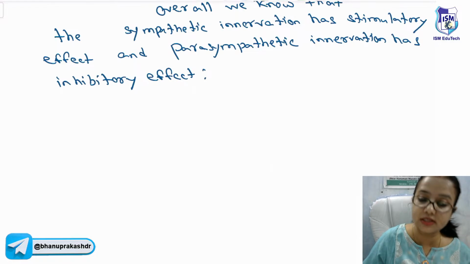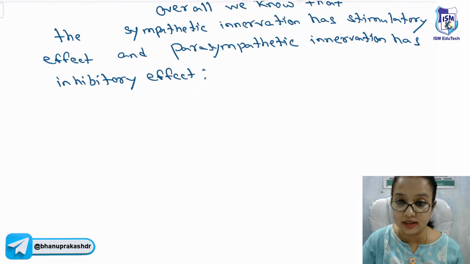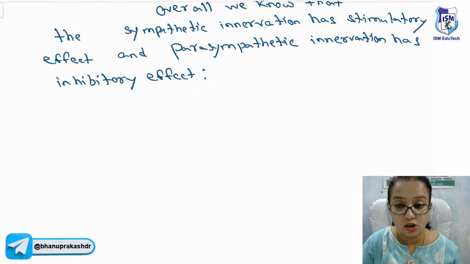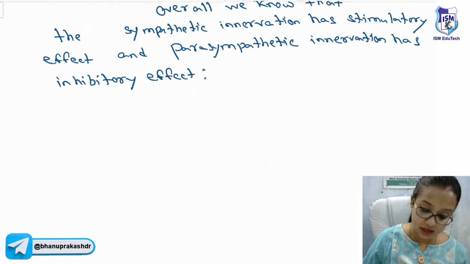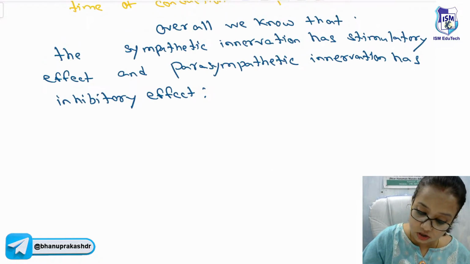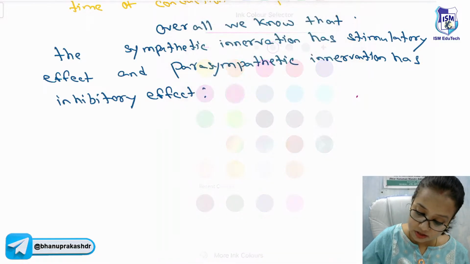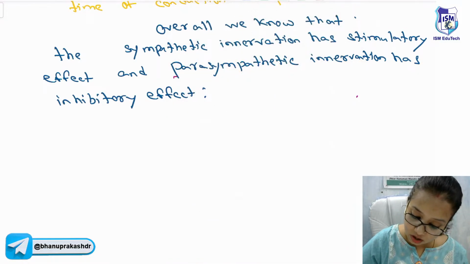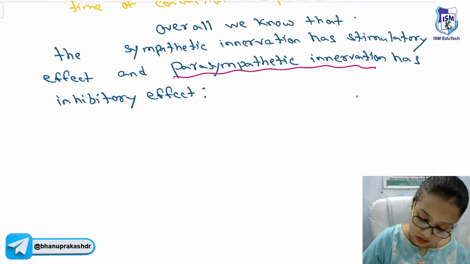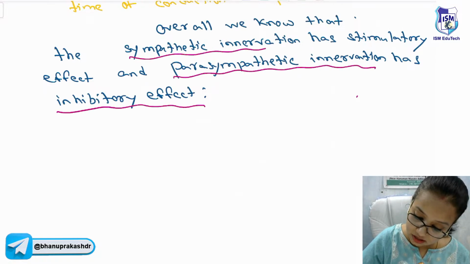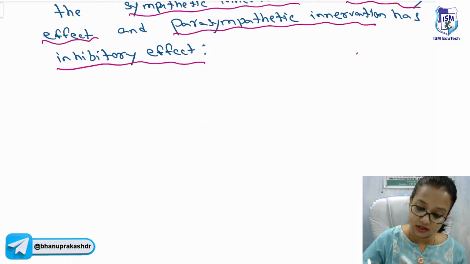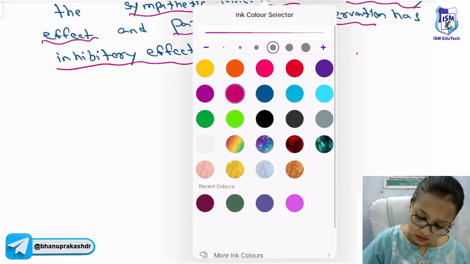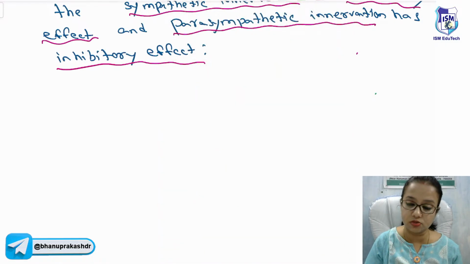Now, these effects are on what? These effects are on the heart rate, on the excitability, on the speed of conduction, and also on the rate and force of contraction. Now, there are certain specific terms that we use to understand all this, like whether there has been an increase in the force of contraction or a decrease in the heartbeat. So there are certain terminologies which we will discuss.